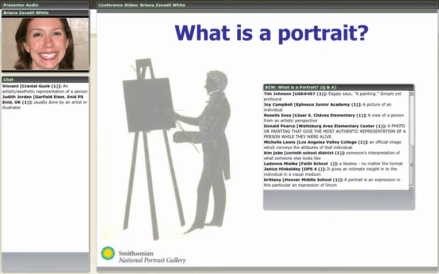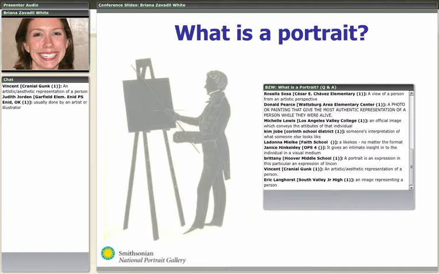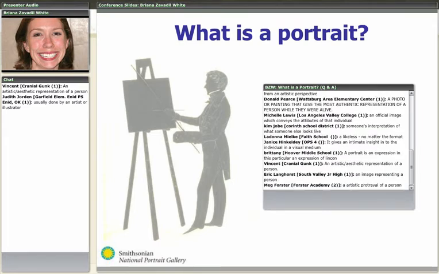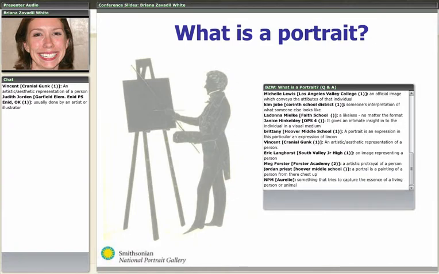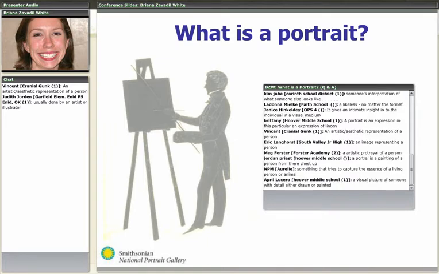Of course, for us and today, we are talking about Lincoln. And it is also important to remember that a portrait can take the form of various media. You can use painting and sculpture and photography, prints and drawings, and now mixed media, and there's even video portraiture out there.